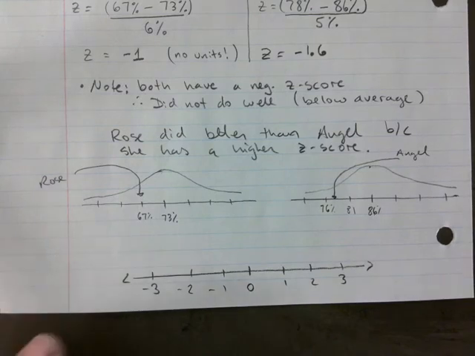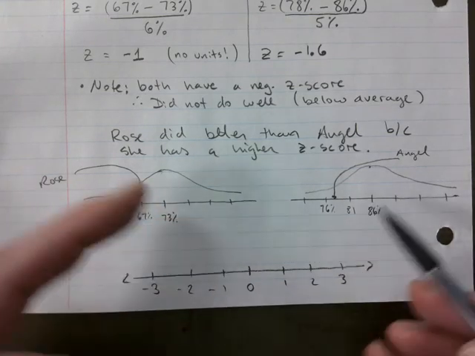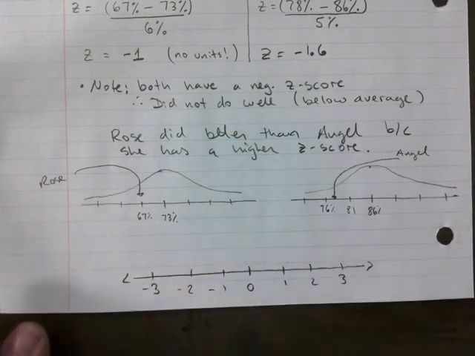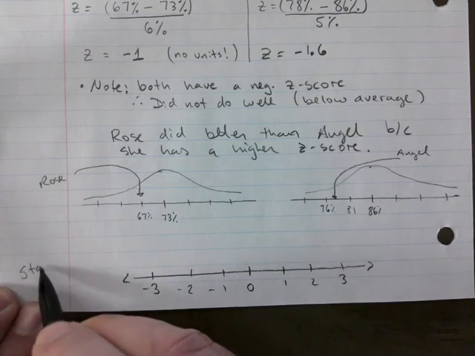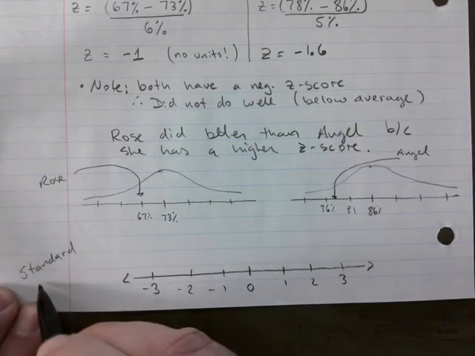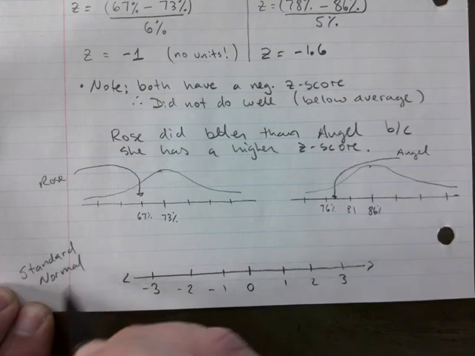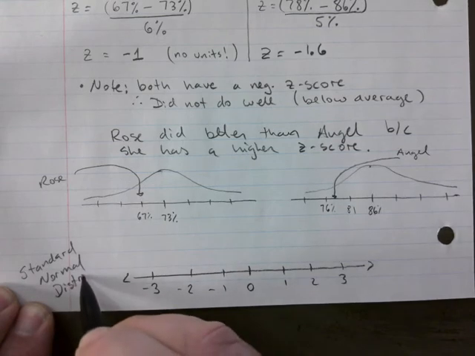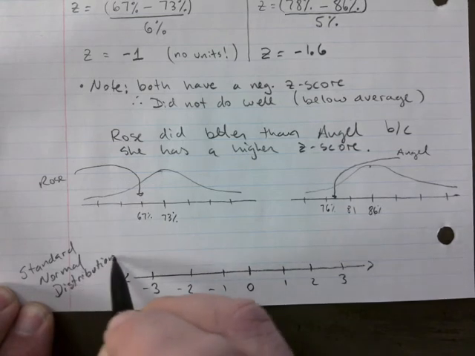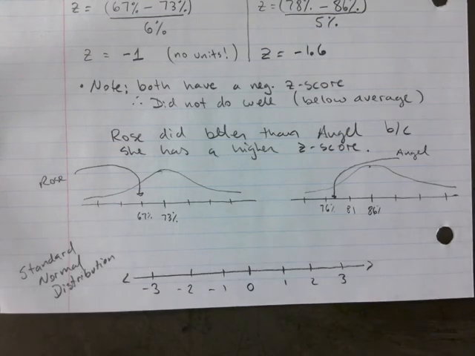You're transferring both of them into a standard normal distribution. It's almost like one is working with miles, and another one is working with meters, and you're standardizing and making everything centimeters.